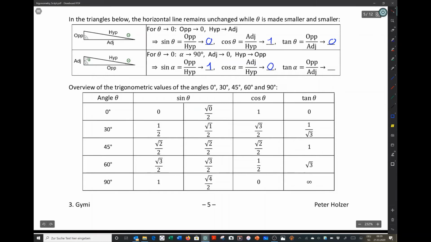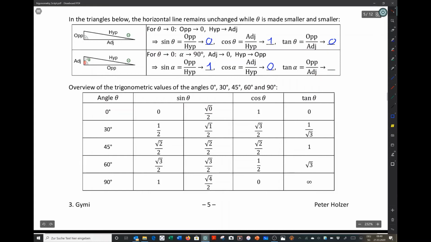And for the tangent, we have the opposite, something constant, divided by the adjacent. The adjacent becomes 0. Well, we are not allowed to divide by 0, but if we divide by a very small number, what happens? Let us say the opposite has length 1, and the adjacent has only length 1/10, so 1 divided by 1/10 is 10.